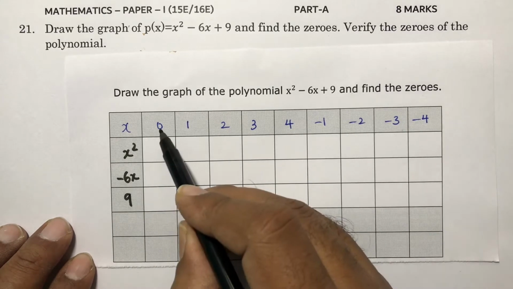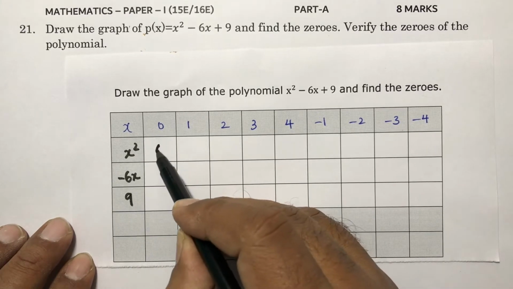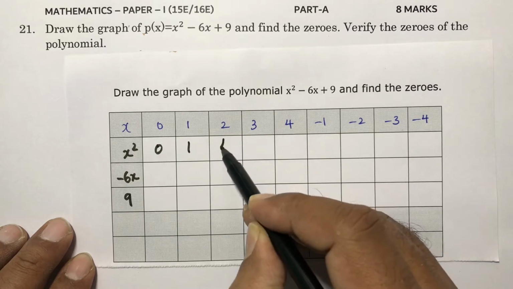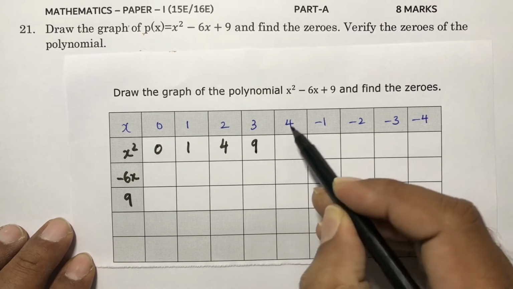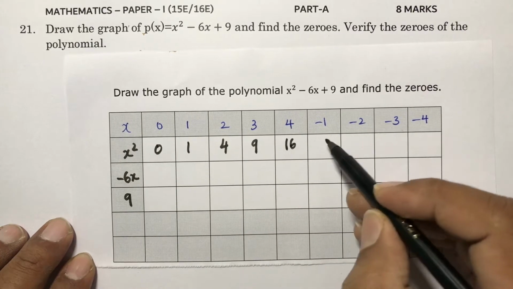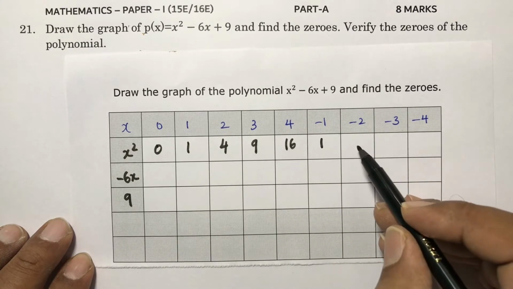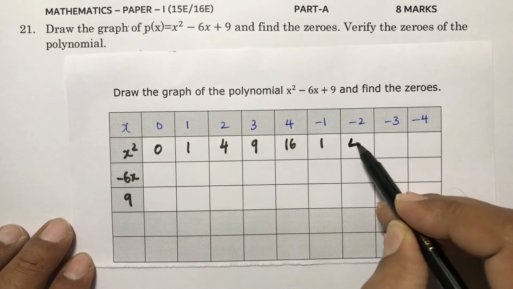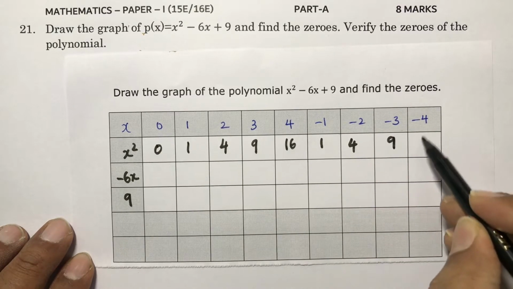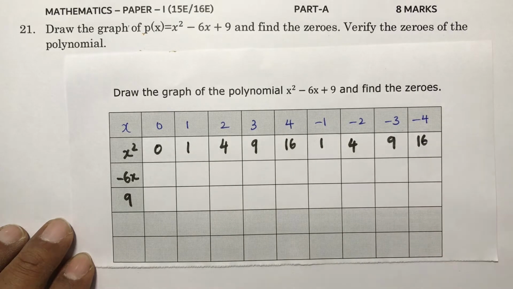Now here x value is 0, so 0 square is 0, 1 square 1, 2 square 4, 3 square 9, 4 square 16, minus 1 whole square 1, minus 2 whole square 4, minus 3 whole square 9, minus 4 whole square 16.